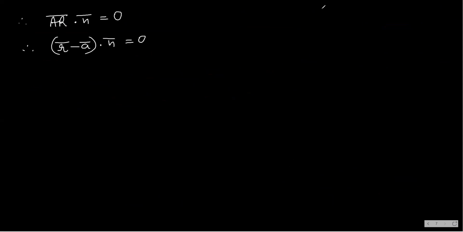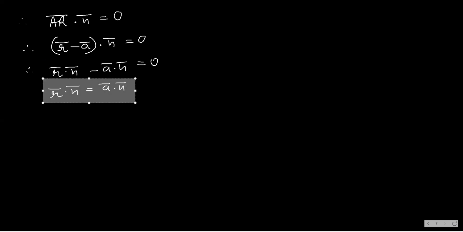Now I will distribute dot over difference. We have done it so many times earlier. So I will get therefore R bar dot N bar minus A bar dot N bar is 0. So therefore R bar dot N bar equals A bar dot N bar. And this is, students, the required equation of plane, which is in vector form.